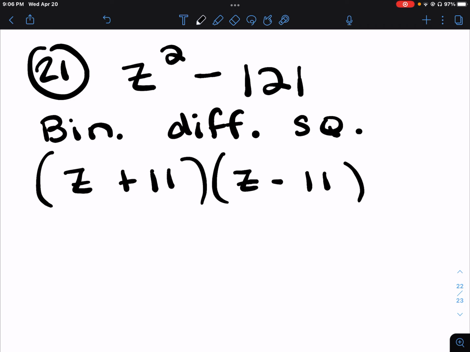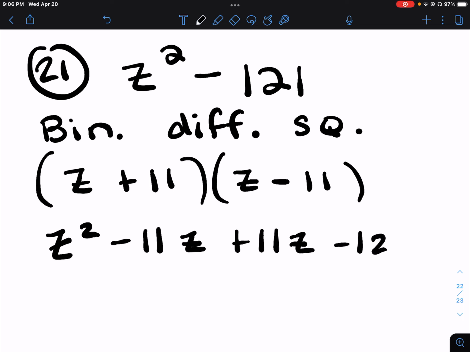A positive times a negative. Remember, the numbers have to be the same there so that when it FOILs, the O and the I cancel out. That's why there's just 2 pieces instead of 3.